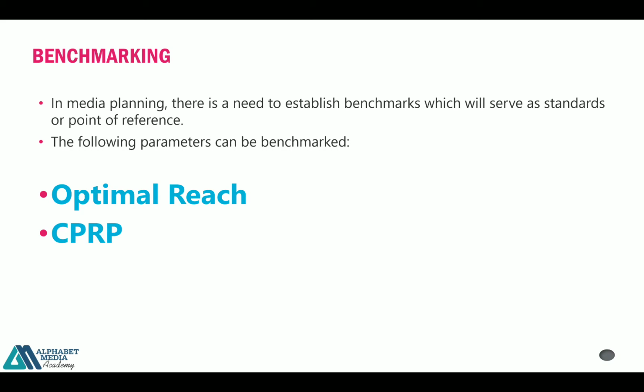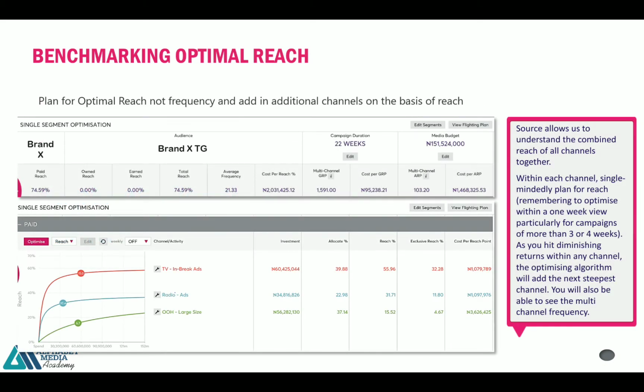Now, in media planning, we need to establish benchmarks which can serve as standards or reference points. Some of the following parameters in media planning can be benchmarked. You can benchmark against optimal reach, and you can benchmark against CPRPs. I'm going to show you how we do both.